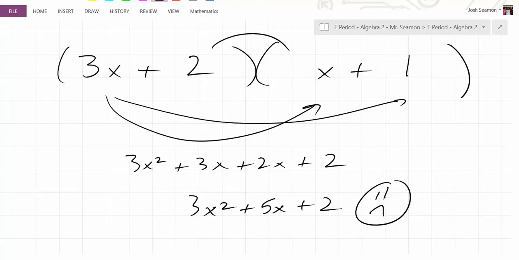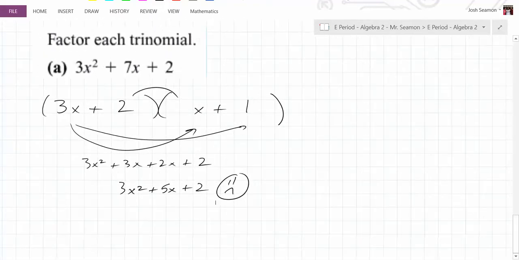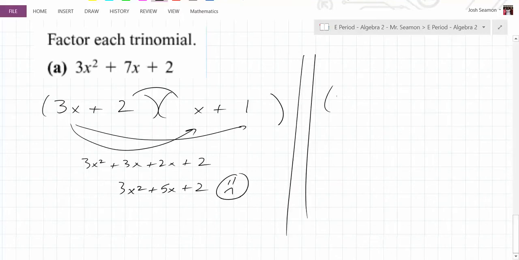We could try, what other configuration can we try? Well, we can't use negatives because none of the terms up there are negative. None of them are. But what can we do? 3 times 1 is the same as 1 times 3. 2 times 1 is the same as 1 times 2. So what could we do? We could reverse the order of some of them. So instead of 3x plus 2, I could do 3x plus 1 and x plus 2.